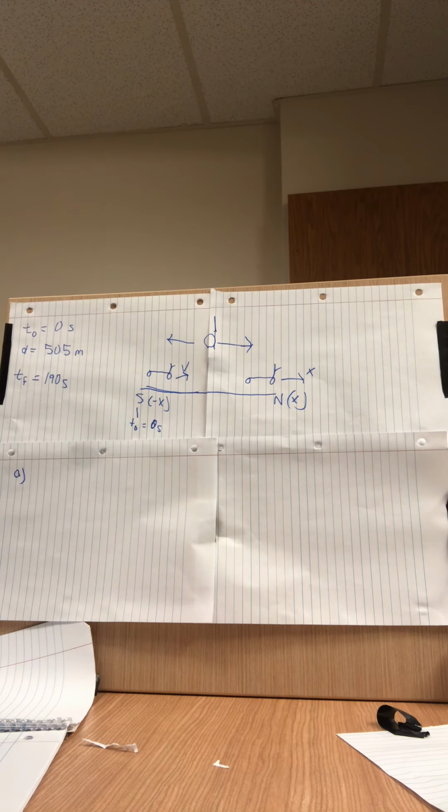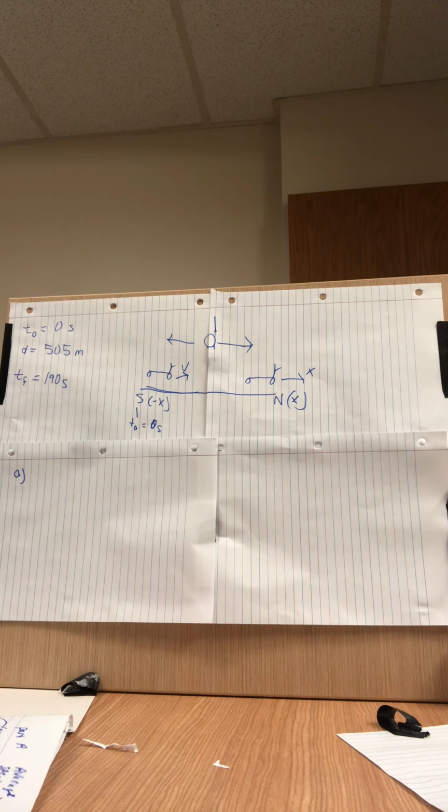Problem A says, what is the motorcycle's average speed, v average, during this period in meters per second? So we know that average speed is the distance traveled divided by the elapsed time. What is the distance traveled? We said that the distance was 505 meters.